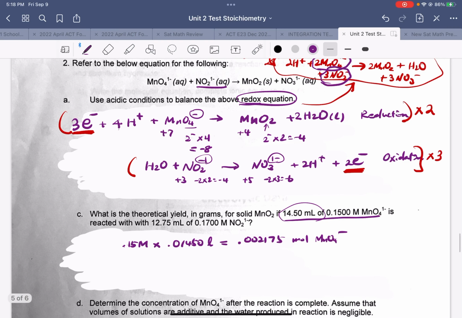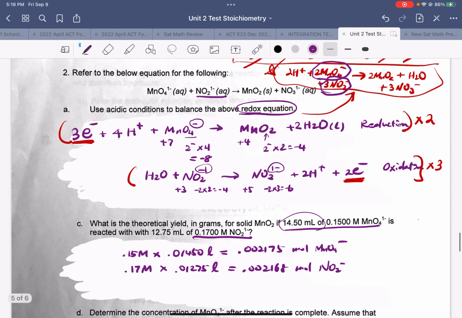And the other one is 0.17 molarity right here, NO2-, times 0.01275 liter. Then when you multiply, 0.002168 mole of NO2-.